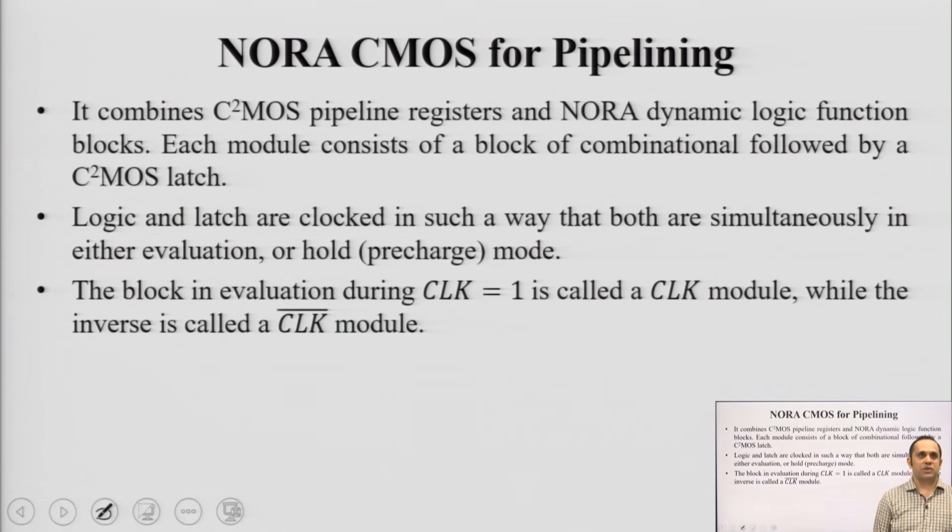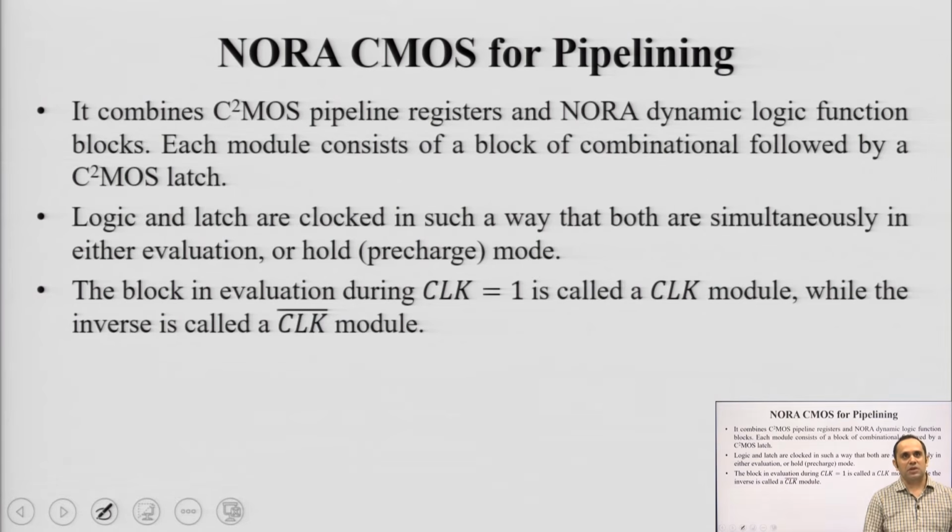So, the C2MOS part of this circuit or the clocked CMOS part of this circuit is considered as the latch part, and the NORA dynamic logic part is known as the logic part of this circuit. So, you have two elements, one logic, one latch, logic for calculation, latch for storage. These two are connected in such a way that you are going to have a particular set of a module.